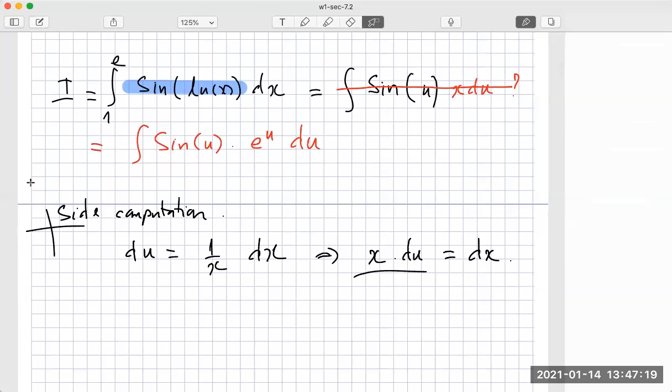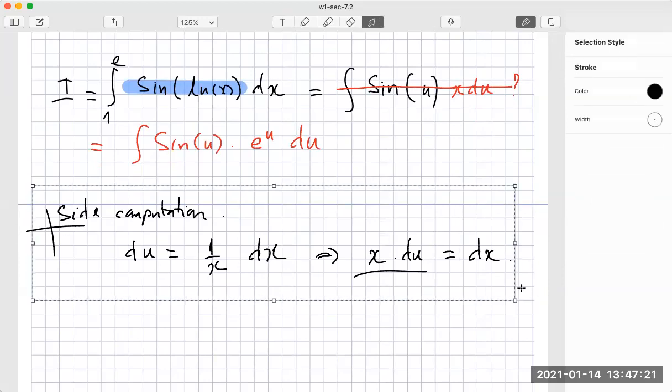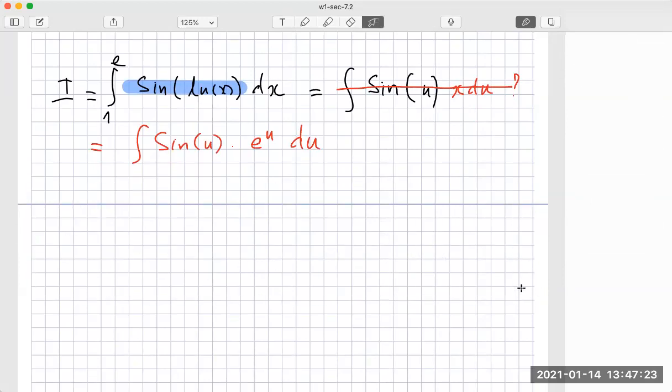Very good. So, is it enough? Yeah, it is a definite integral. When we change the variable, we also need to change the limits, the bounds, right?